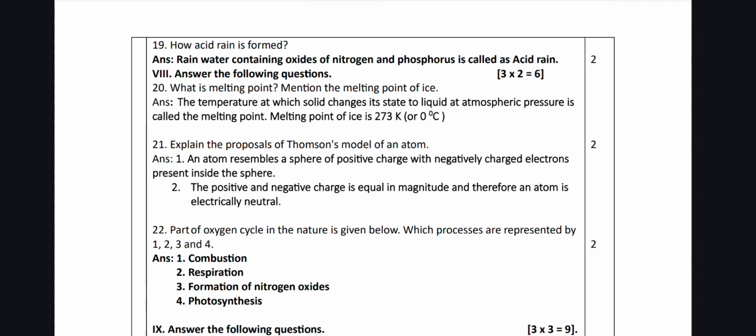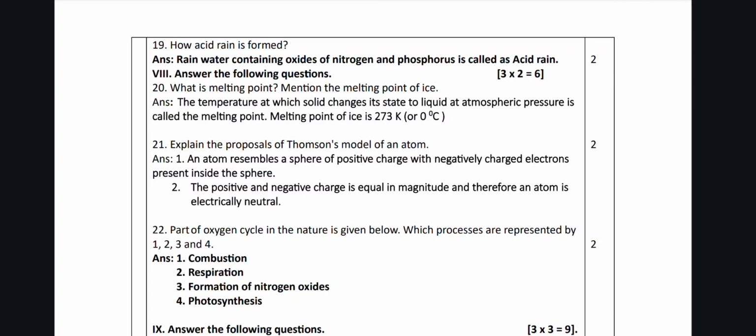Next, explain the postulates of Thomson's model of an atom. An atom resembles a sphere of positive charge with negatively charged electrons present inside the sphere. You know the shape.